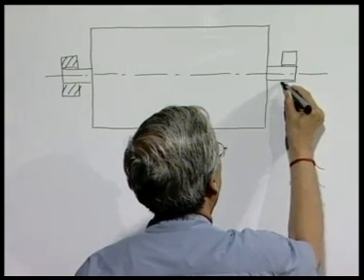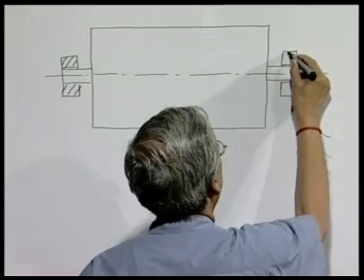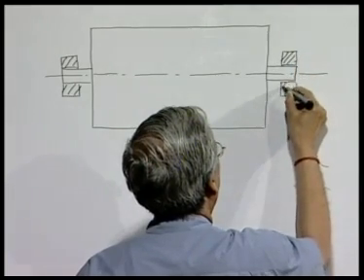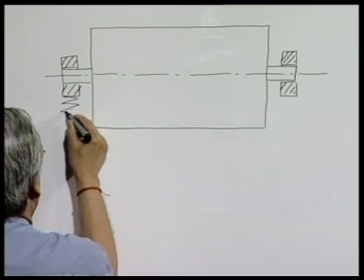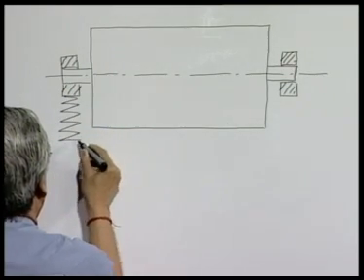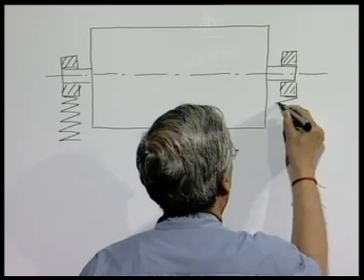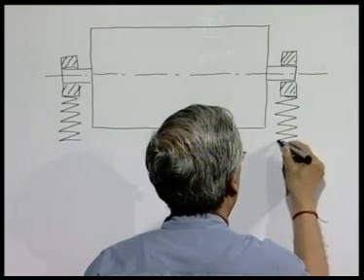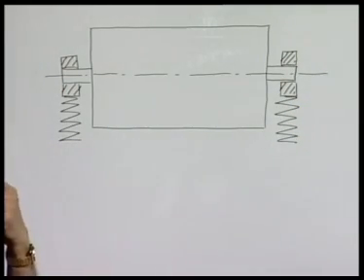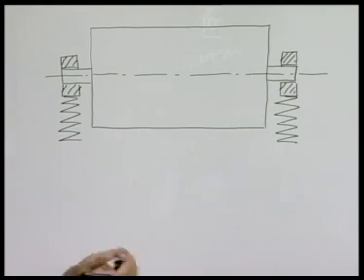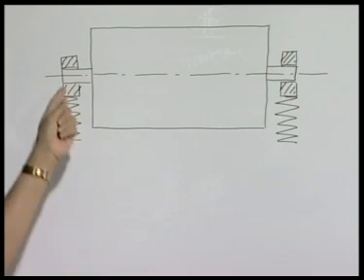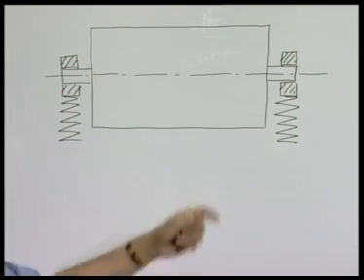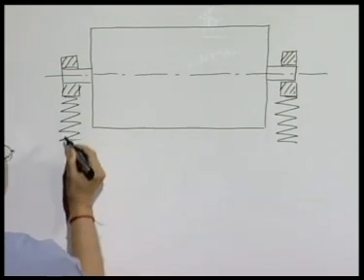And the bearings are supported by springs. So, we do not use any carriage, but we just place the whole rotor on just two light bearings, which are supported by springs. Then what is done?